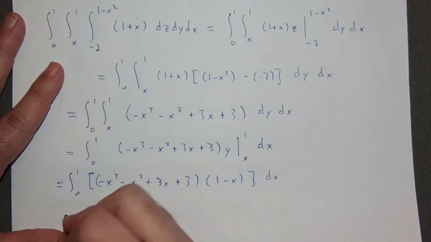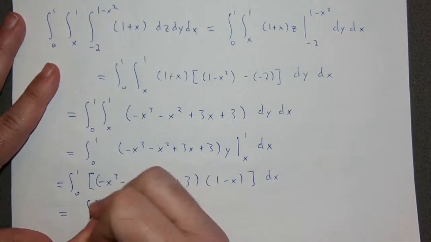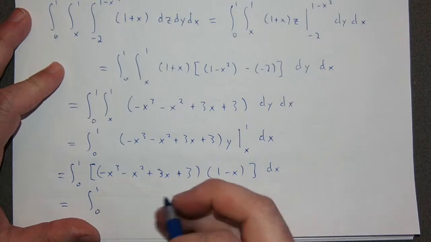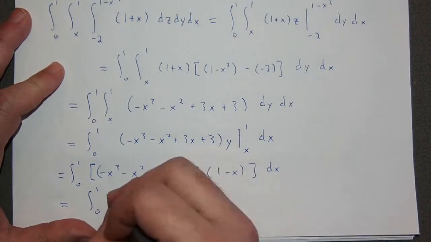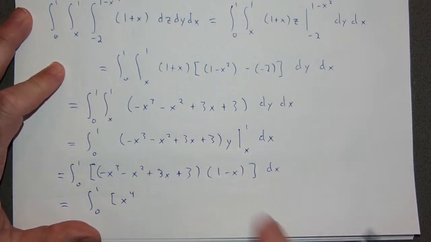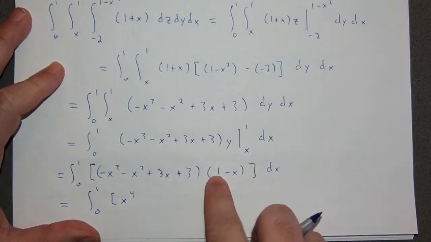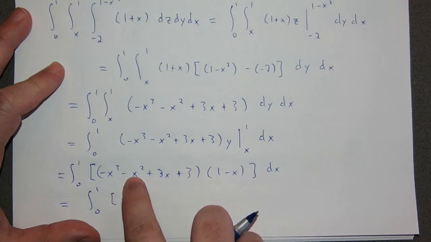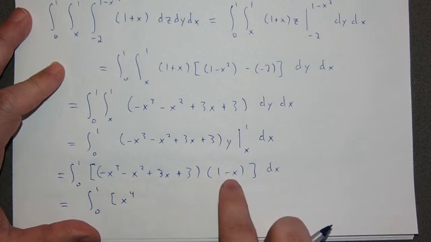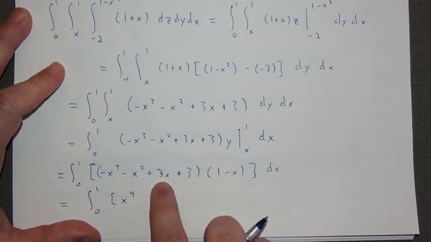Okay, and so what do I get? I get the integral from 0 to 1 of, so I'm going to get a plus x to the 4th. That's going to be the only term I get there. What gets subtracted off? I'm going to get a 1 times minus x squared minus 3x squared.